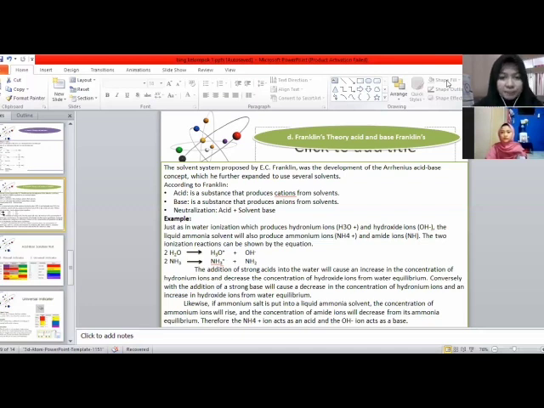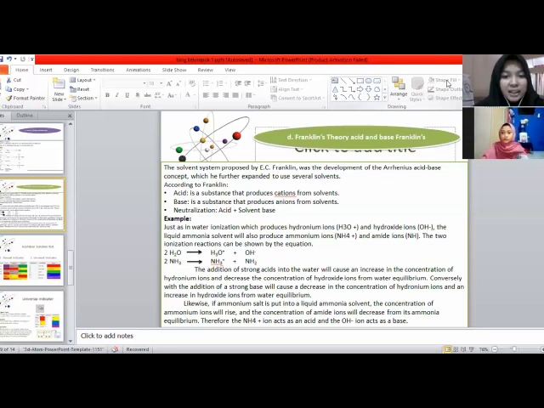The addition of strong acid into the water will cause an increase in the concentration of hydronium ions and decrease the concentration of hydroxide ions from water equilibrium. Conversely, the addition of a strong base will cause a decrease in the concentration of hydronium ions and an increase in hydroxide ions from water equilibrium.